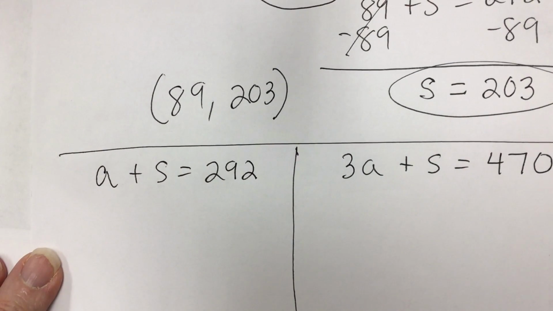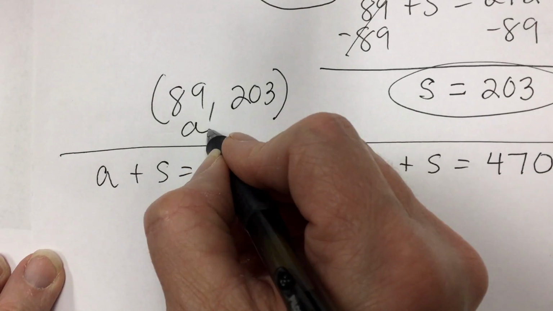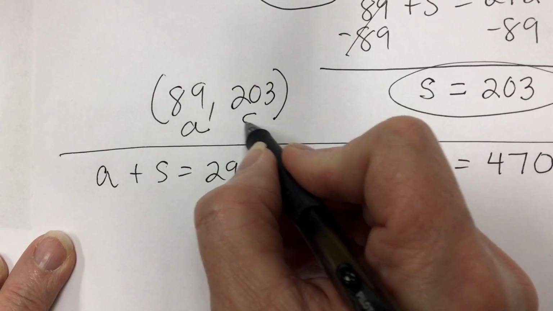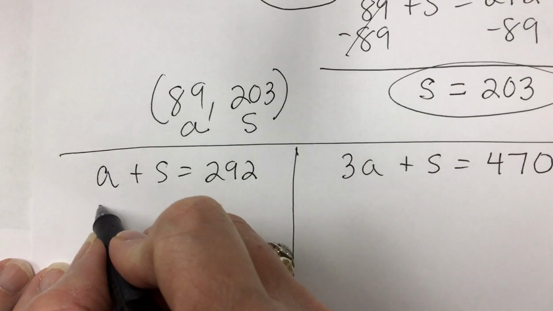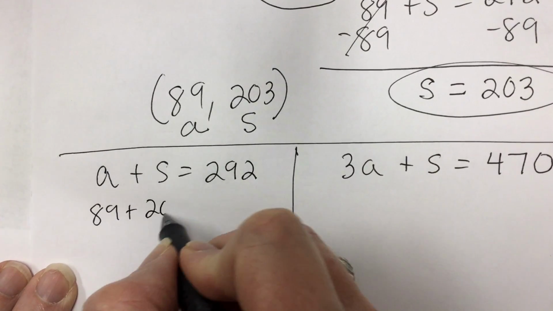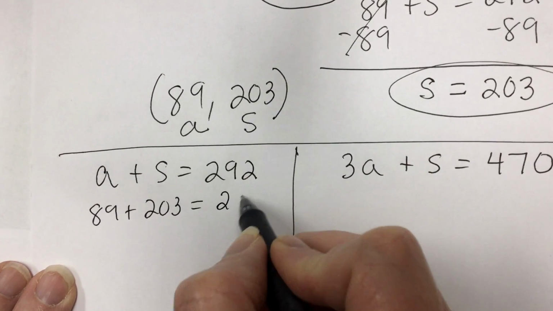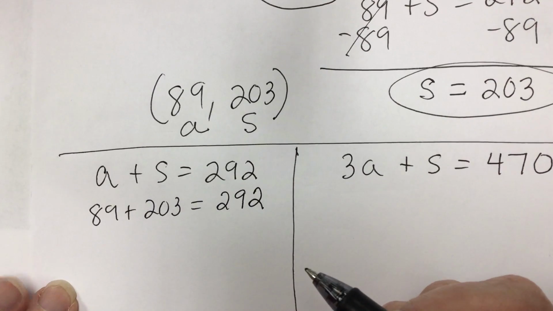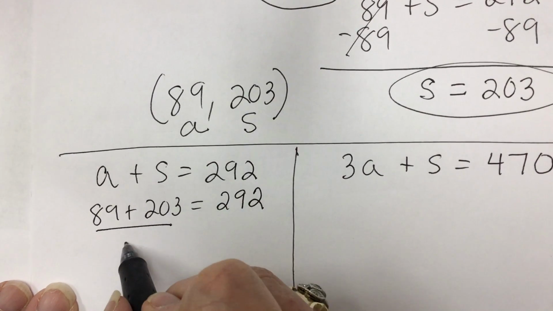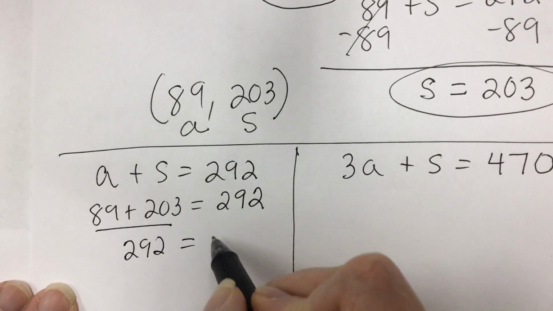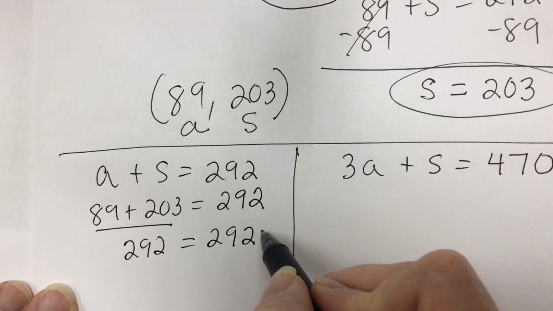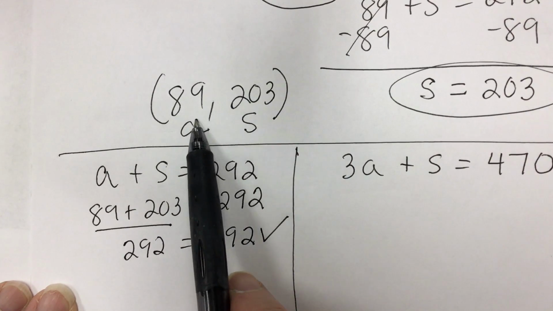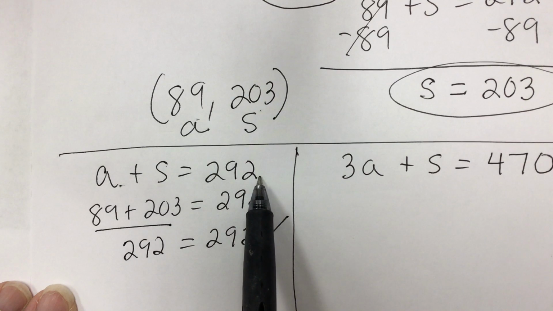Plugging it back into the first one, A is the first number, S is the second number. So I have 89 plus 203. Does that give me 292? When I add this together, I do get 292. Therefore, my left side does equal the right side. Therefore, this answer satisfies this original equation.